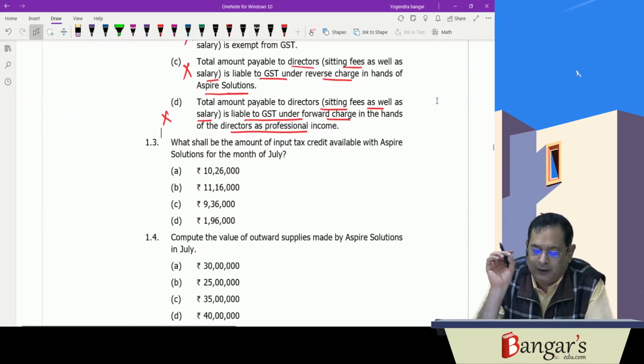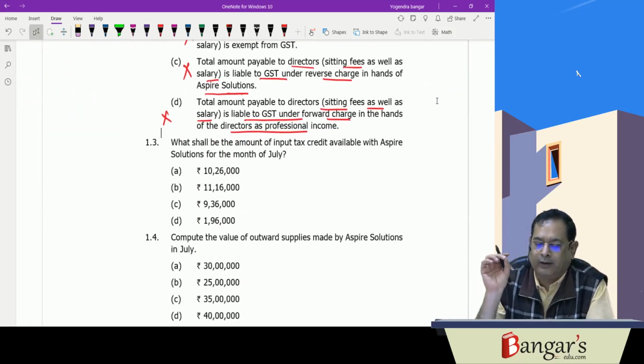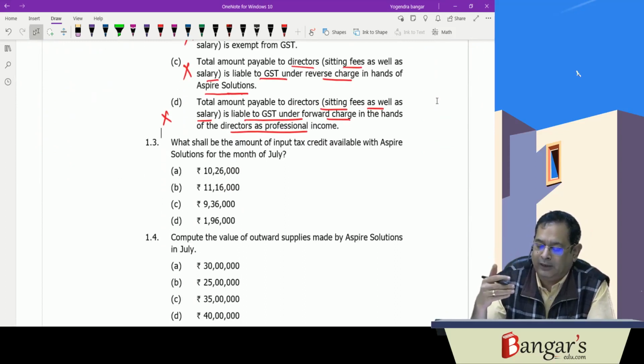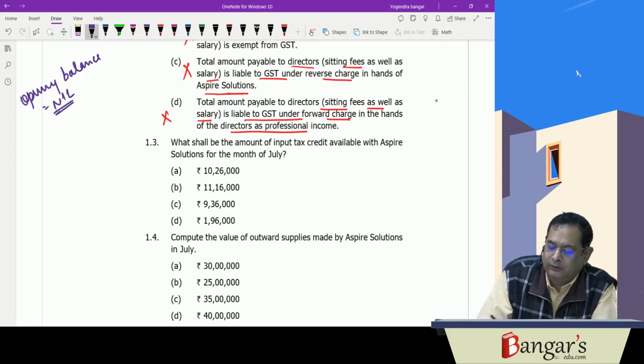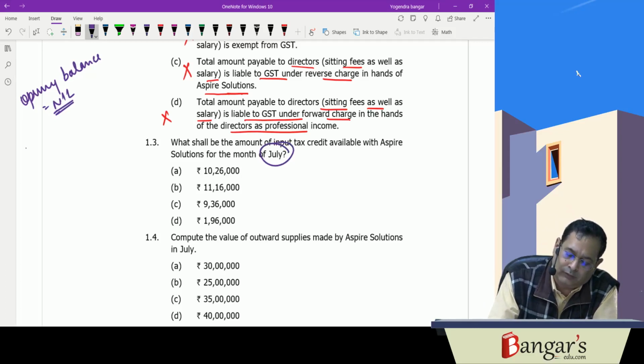Then the next question they are asking is what is the amount of ITC available with Aspire Solutions for the month of July. So as we have seen, the opening balance is nil. For the month of July they are asking. So one is import of OIDR service.